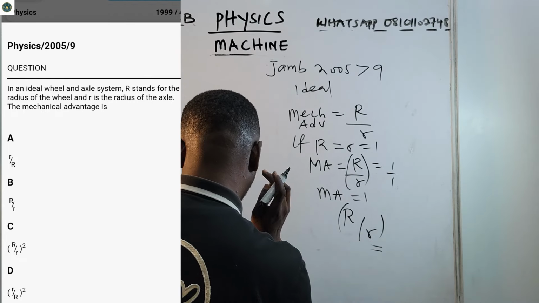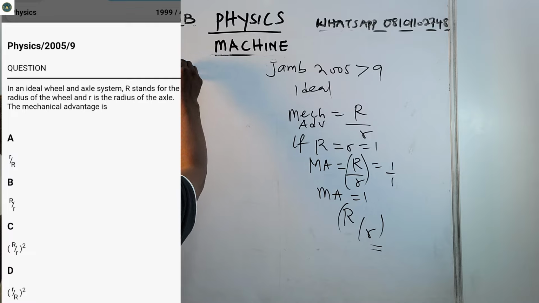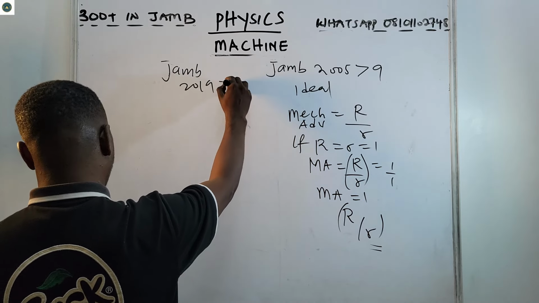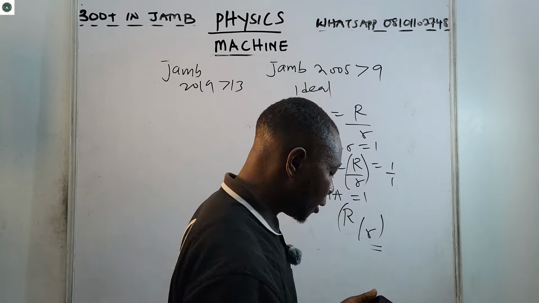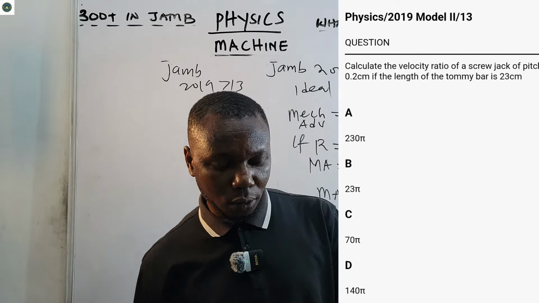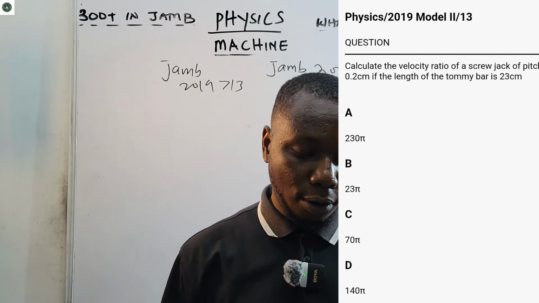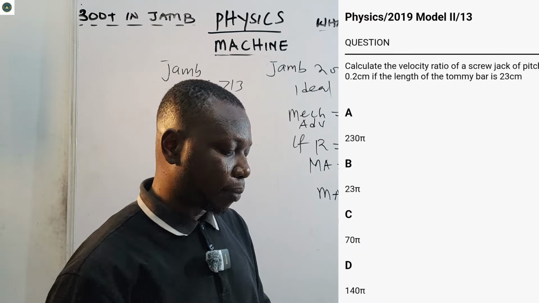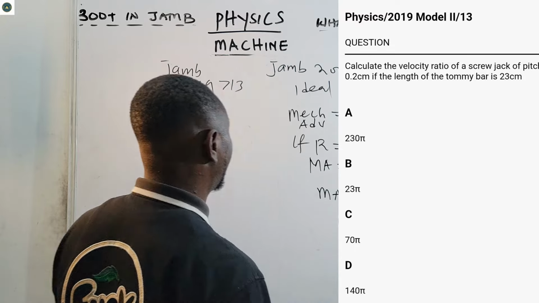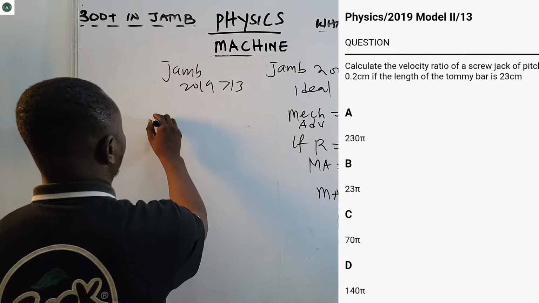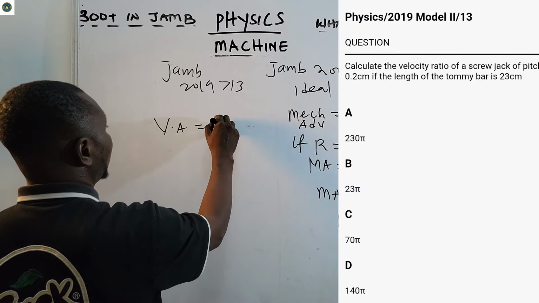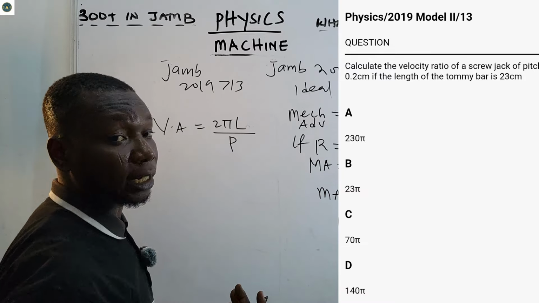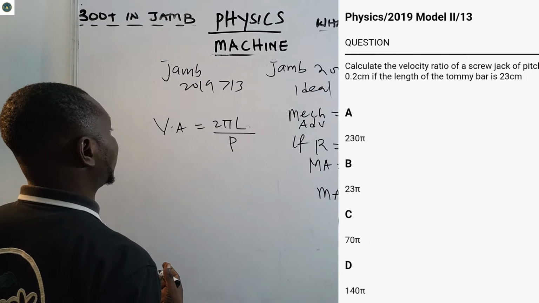Now, another question again is JAMB 2019, question 13. It says calculate the velocity ratio of a screw jack of pitch 0.2 centimeter if the length of the bar is 23 centimeter. Okay, velocity ratio, we know velocity ratio is 2 pi L over P. I wrote it at the beginning of the class.